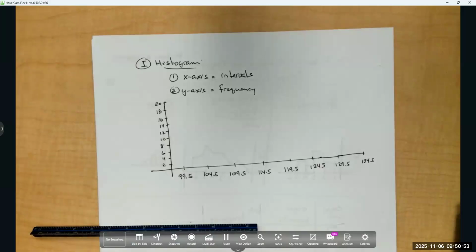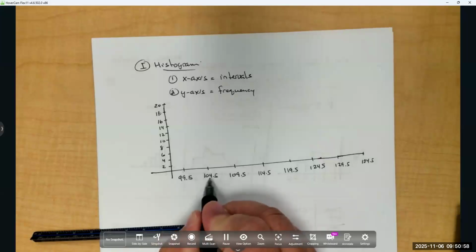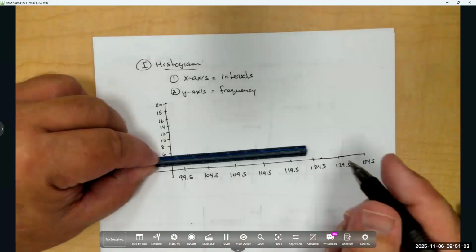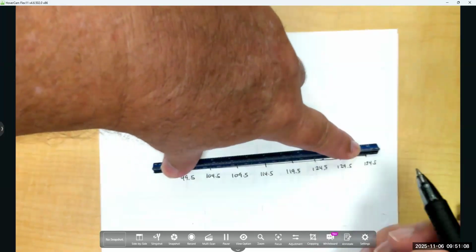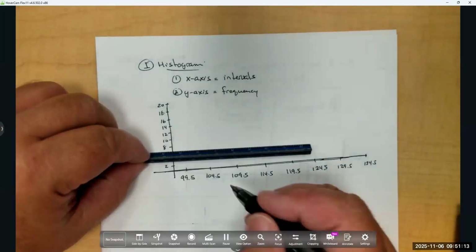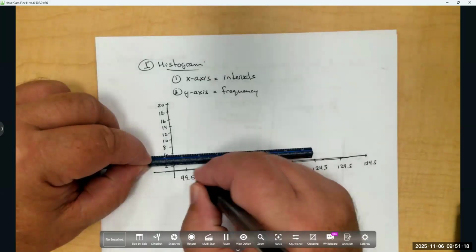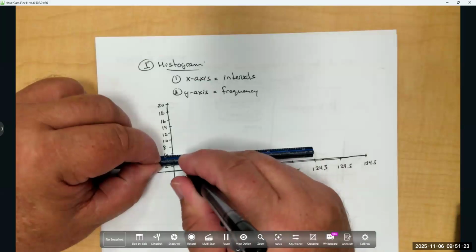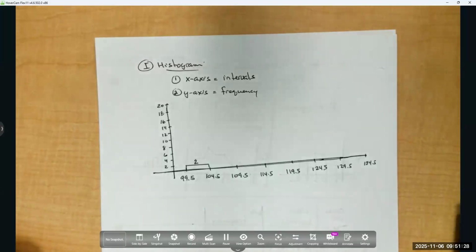So let's look at our frequency. Our first one, between 99.5 and 104.5, is 2. And it's always safe to put the number on top of it.